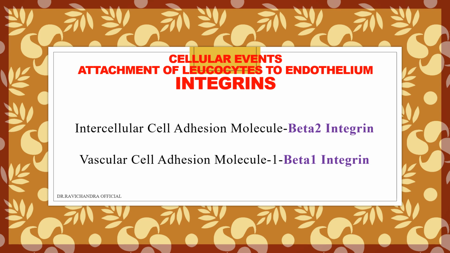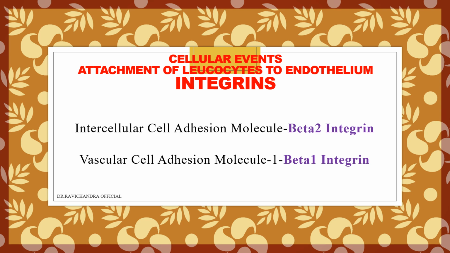Coming to integrins, there are two integrins involved, beta 1 integrin and beta 2 integrin. Cell adhesion molecules like ICAM, intercellular cell adhesion molecule, and VCAM1, vascular cell adhesion molecule 1.